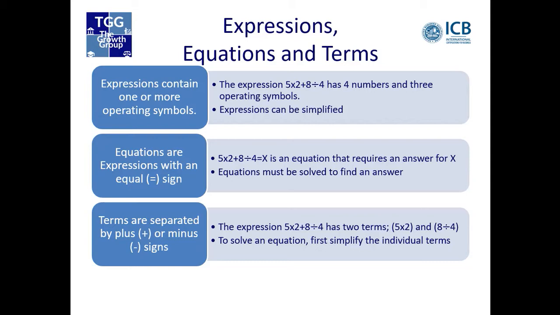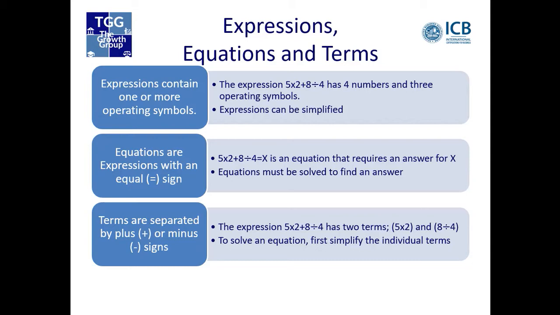Terms are the things in expressions and equations that are separated by plus or minus signs. Look at this first expression again: 5 times 2 plus 8 divided by 4. It has 2 terms. Why? Because there is only one plus or minus sign in this expression.